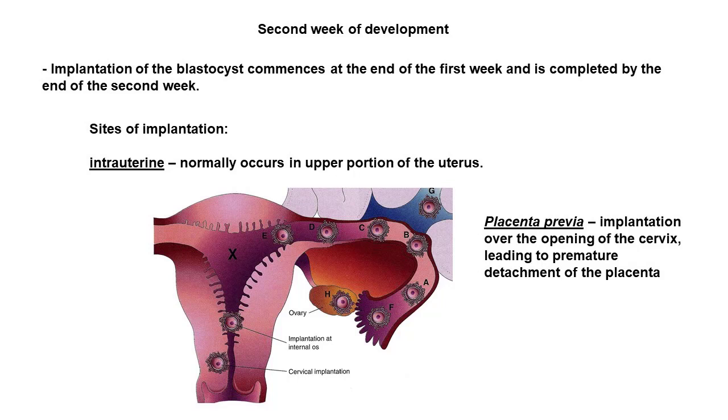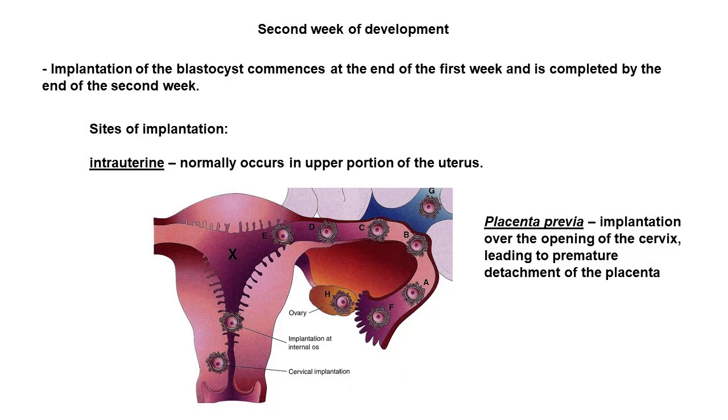You don't want implantation to occur low. Once we get into the os of the cervix or down here really, really low into the cervix, it can cause some problems. So we're talking about implantation in the body primarily, maybe even higher up close to the fundus.